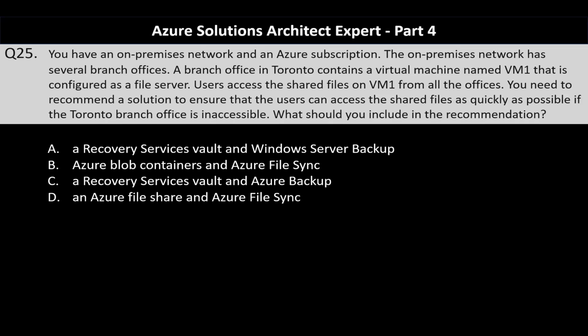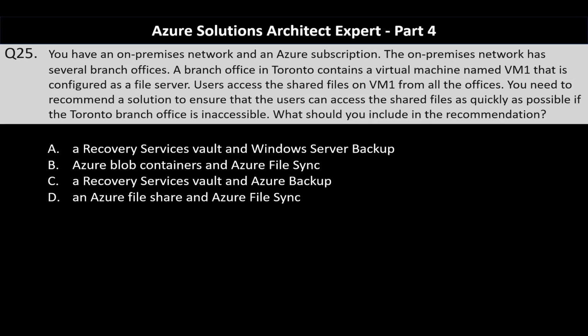You need to recommend a solution to ensure that the users can access the shared files as quickly as possible if the Toronto branch office is inaccessible. What should you include in the recommendation? Your options are a recovery services vault and Windows Server backup, Azure blob container and Azure file sync, a recovery services vault and Azure backup, an Azure file share and Azure file sync.